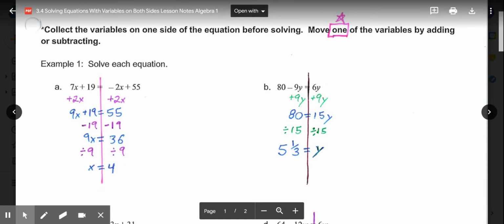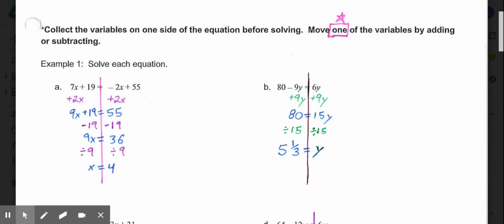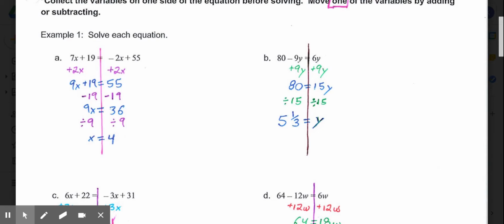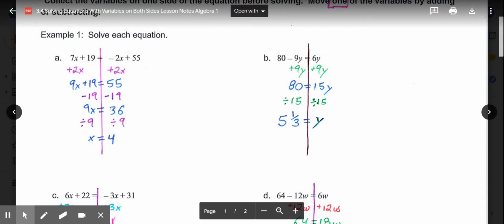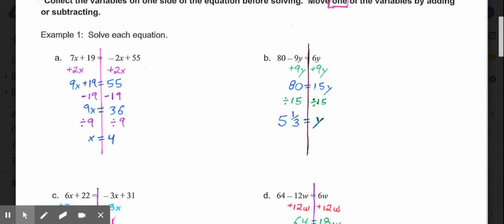So all of these, again, are linear equations, and it's the same variable, so we're only dealing with one variable. In example 1, it says solve each equation. In A, 7x plus 19 equals negative 2x plus 55. So we want to get all the x's to the same side.